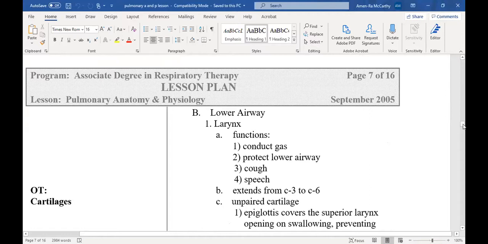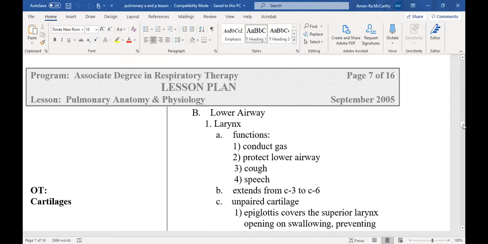All right, then we talked about the lower airway. And we said the lower airway has functions. What are the functions of the lower airway? Number one is to conduct gas. It's also just what? Conducting gas. There is no gas exchange in the larynx, okay? It's just there to conduct gas. It protects the lower airway.